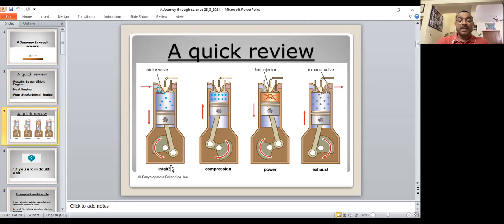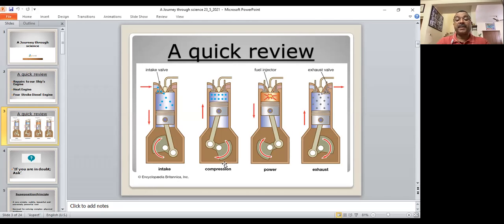After completing the first stroke, we close the intake valve and compress the air taken in. When the piston reaches its maximum, the temperature of that air will be more than 450 degrees centigrade.